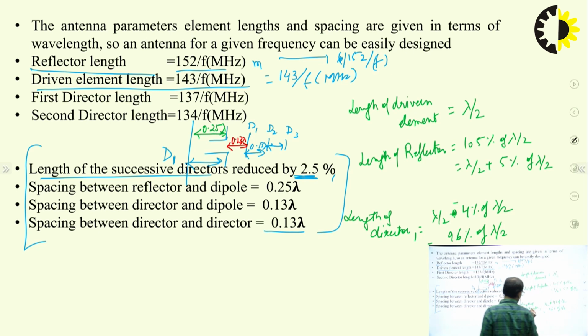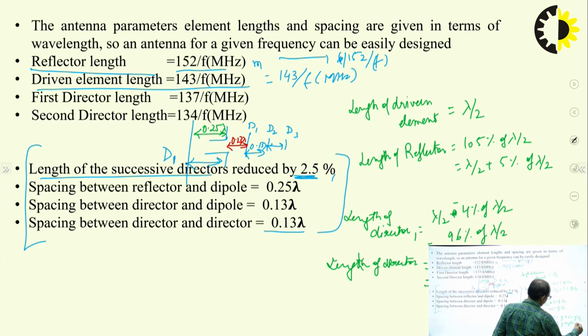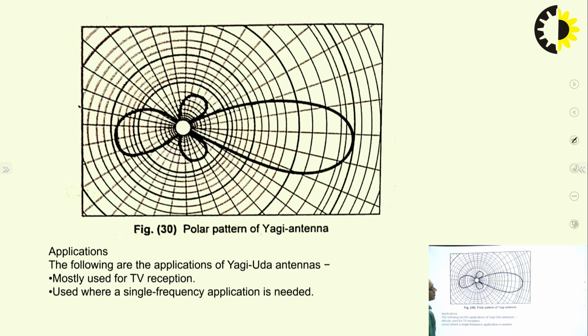So the length of director 1, similarly the length of director 2, as we know that the length of successive director is reduced by 2.5%, it is equal to 97.5% of 96% of lambda by 2. Clear? Or you can say 97.5% of the length of director 1.